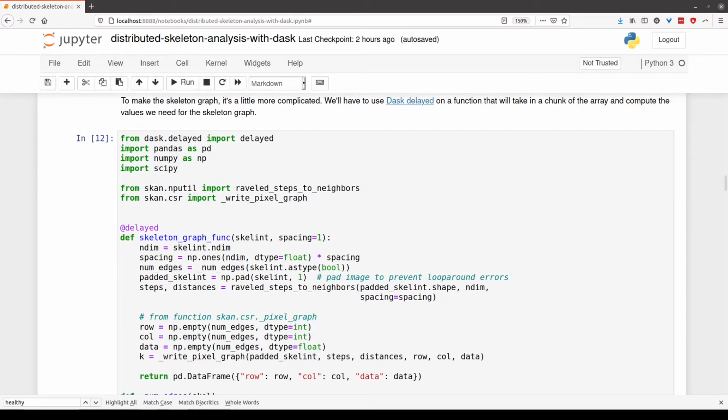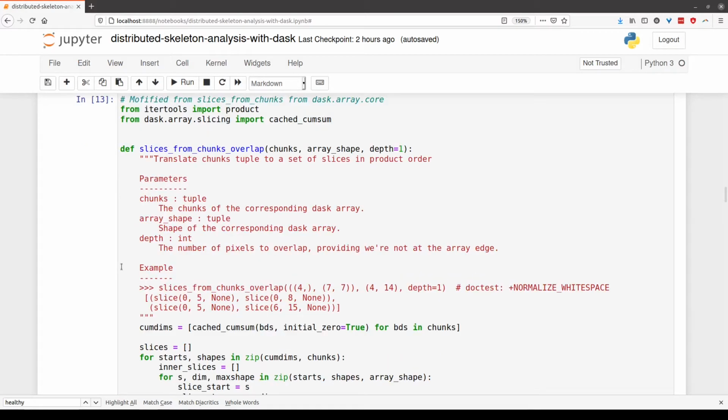So to work around this, we were able to use Dask delayed and put that inside a list comprehension to generate the results that we needed. Because of that, we needed to handle our own grabbing of the chunks with some overlap between them.